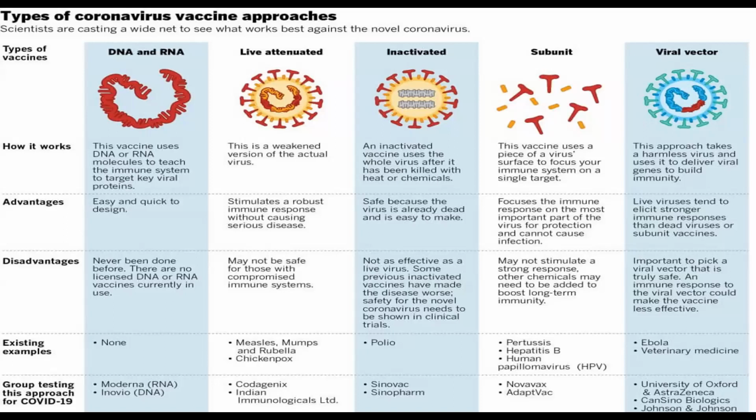Sa inactivated naman is Sinovac and Sinopharm. Then sa subunit is Novavax and Adapvac. Ito yung klase ng vaccines na binibigay nila, guys. So yung viral vector is University of Oxford and AstraZeneca, CanSino Biologics, and Johnson & Johnson vaccines.